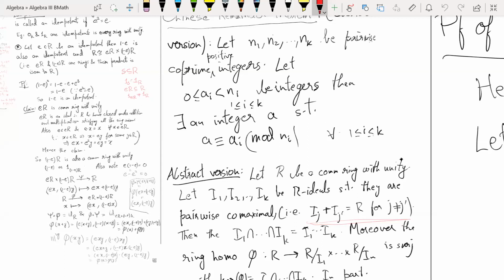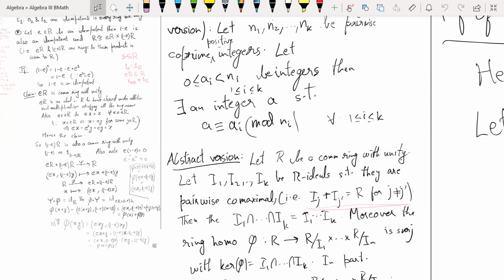This is the translation of the classical version in the abstract version. This is not some random map. I should have said the natural ring homomorphism. So what is the natural ring homomorphism? R goes to R plus I1, the same element.